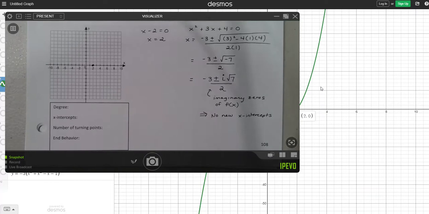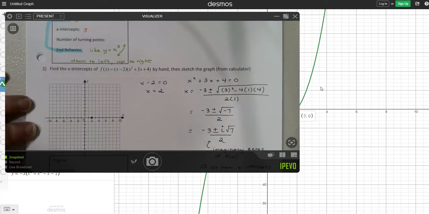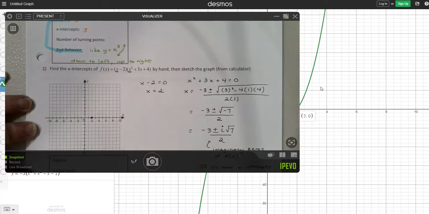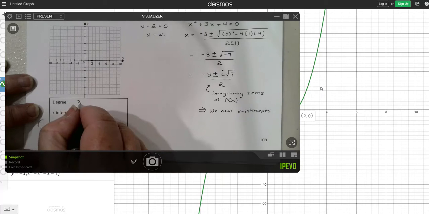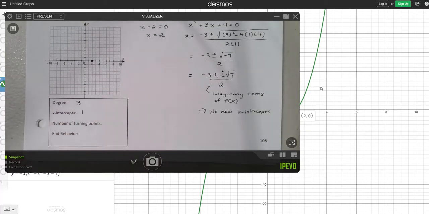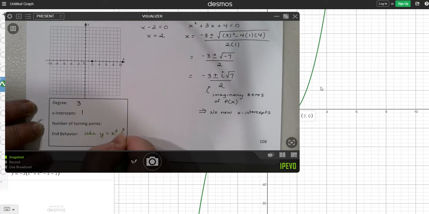All right, let's think this through. Once again, I have an x to the first times an x squared. So this will be degree 3 again. I only found one x-intercept. And my end behavior should be like x cubed again. So it should be that little wave type again, down to the left, up to the right.